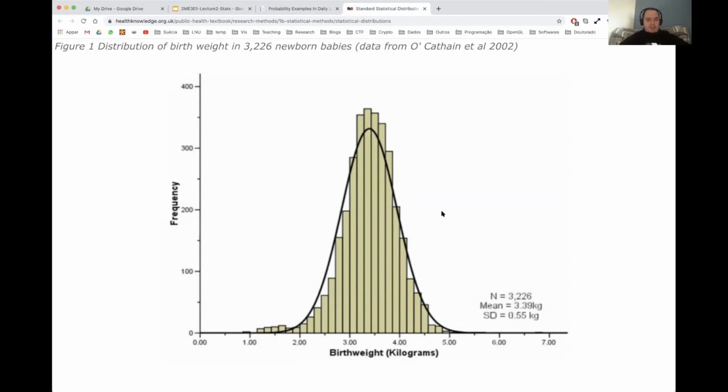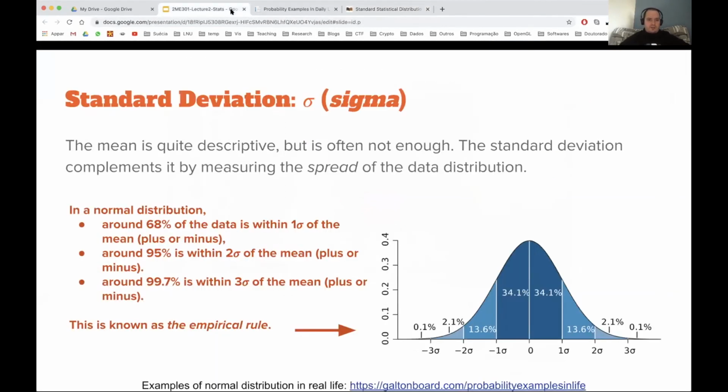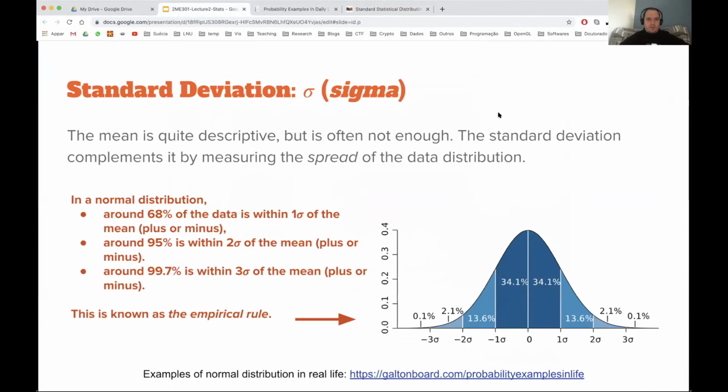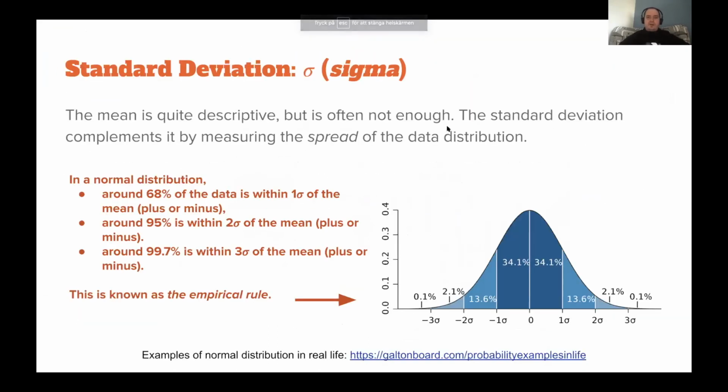Now, the reason why I came to this was because I wanted to explain why I was talking about 2 standard deviations and not just one.